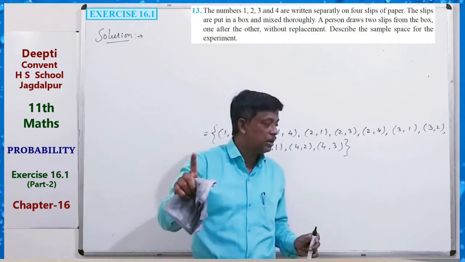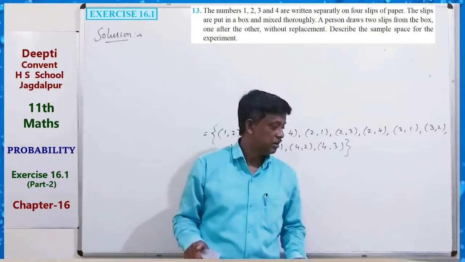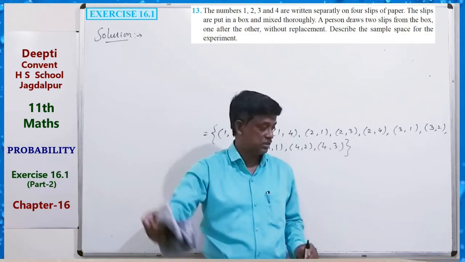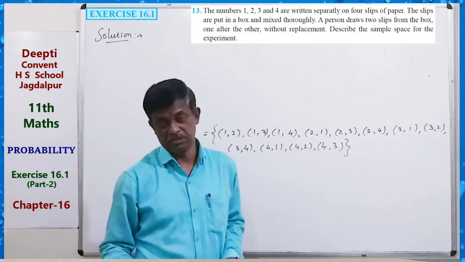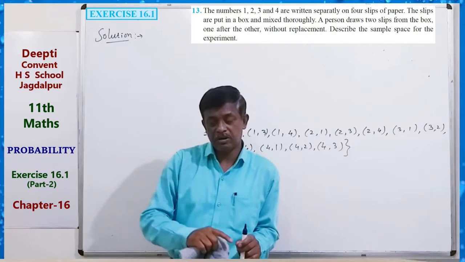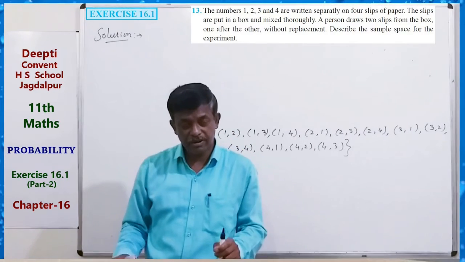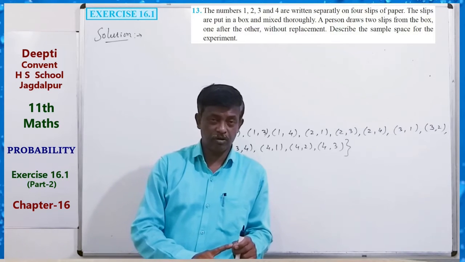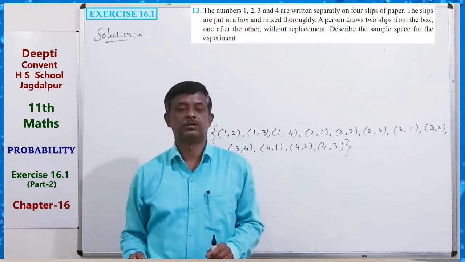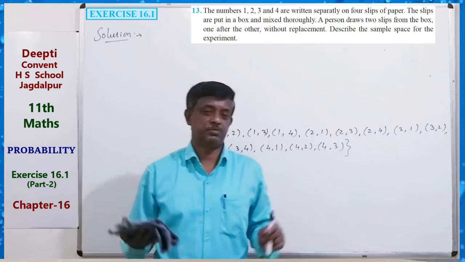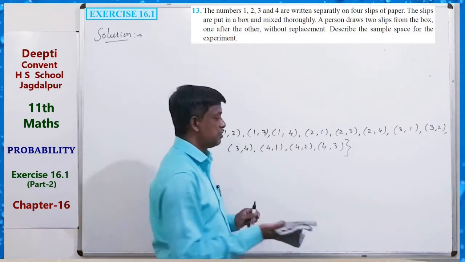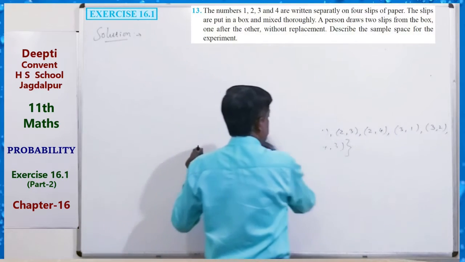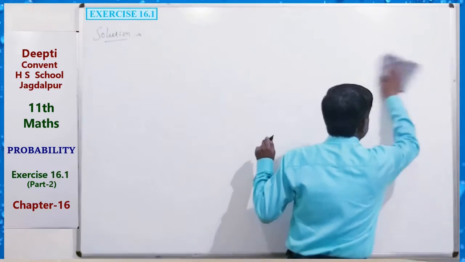If the number on the die is odd, then the coin is tossed twice. This is our experiment, and for it we have to write the sample space for question 14.